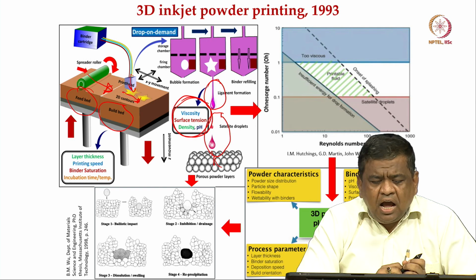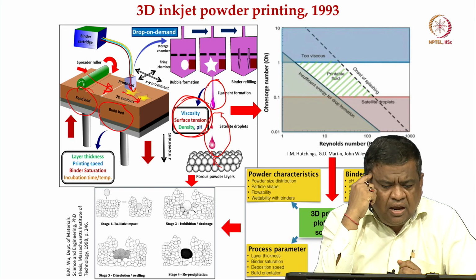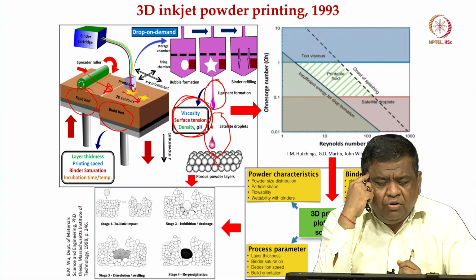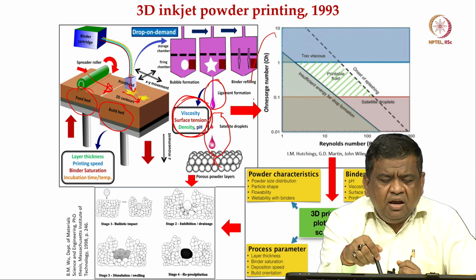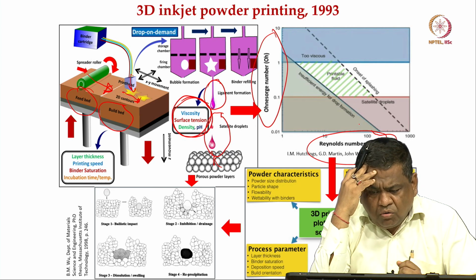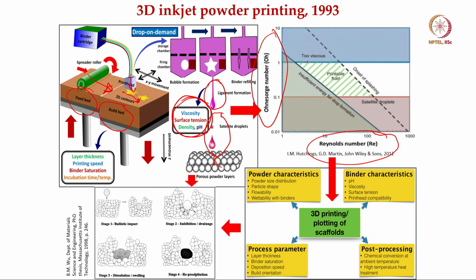Now, since this binder droplet interacts with the powder bed and the binder is essentially fluid in nature, one can bring in fundamental fluid dynamics dimensionless parameters like the Ohnesorge number or Reynolds number. If you plot Oh versus Re, you can see there is some range or some part of the plot that represents the printable fluid.